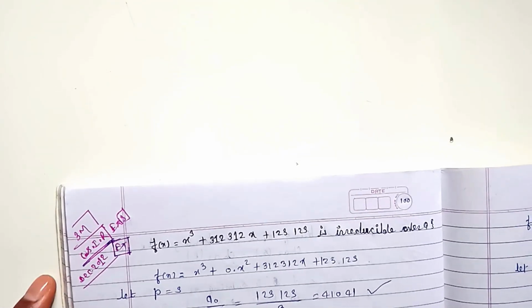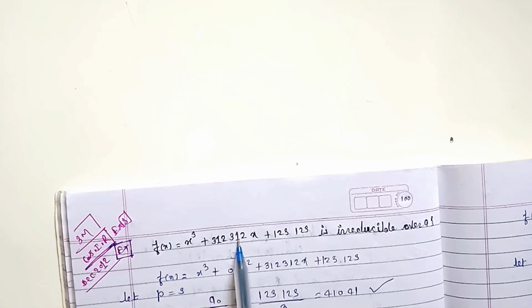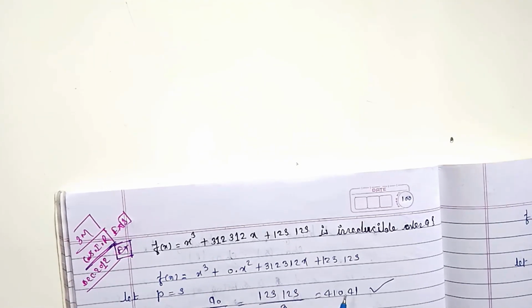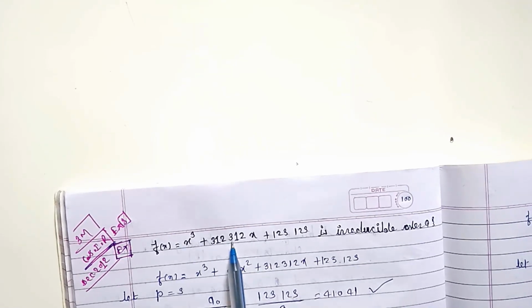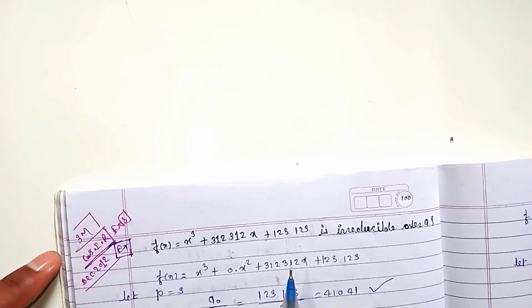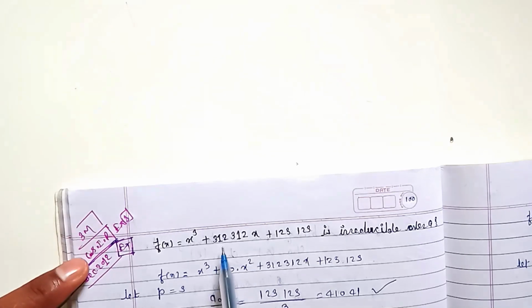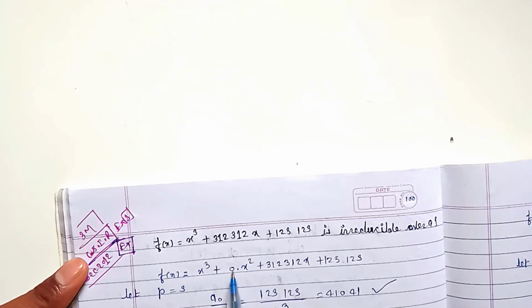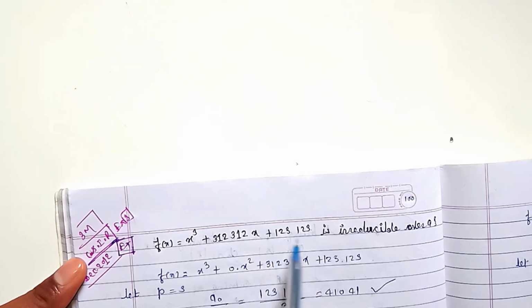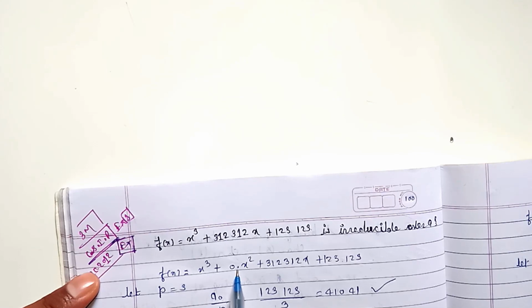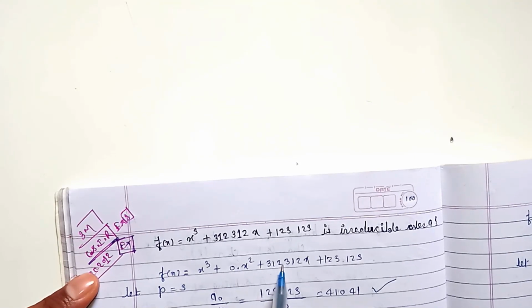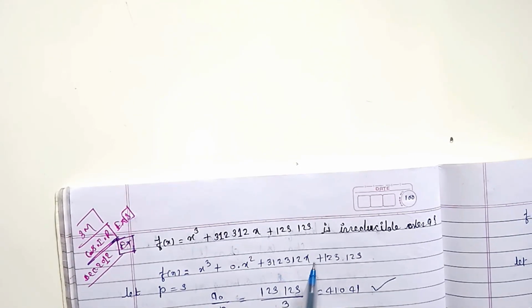Here f of x is x cube plus 312x plus 123. Some of the terms from our polynomial are absent, so we have to complete all the terms first. The x square term is not present, so I write 0x square. So f of x is x cube plus 0x square plus 312x plus 123, and we get a0 is 123, a1 is 312, a2 is 0, and a3 is 1.